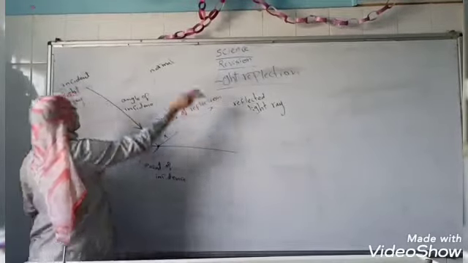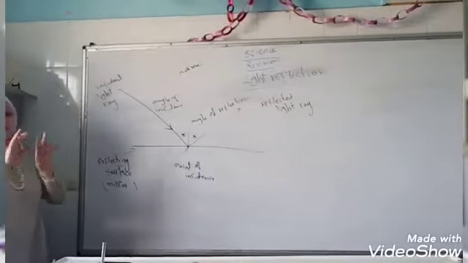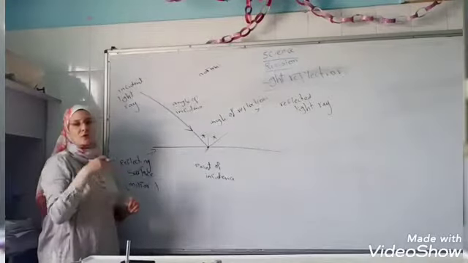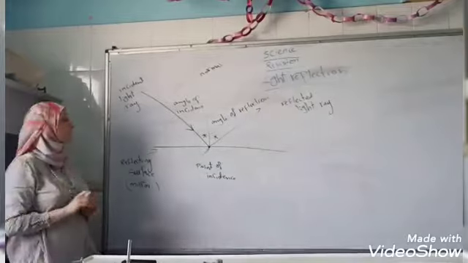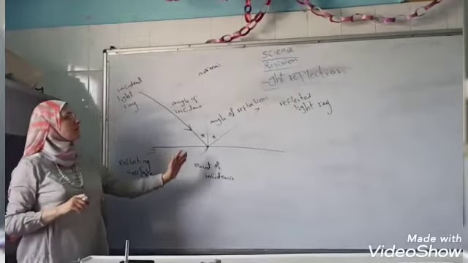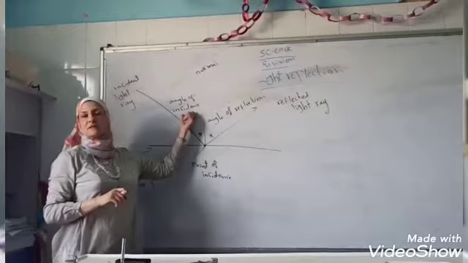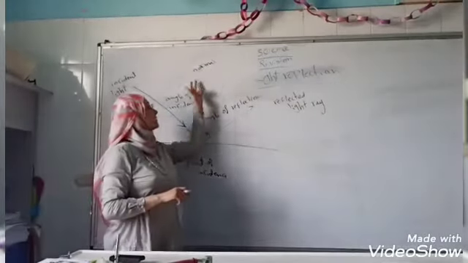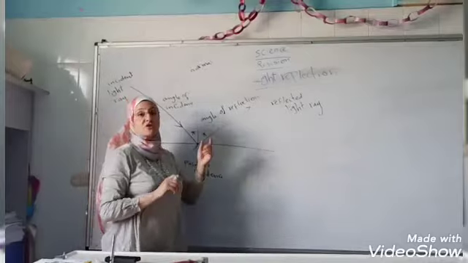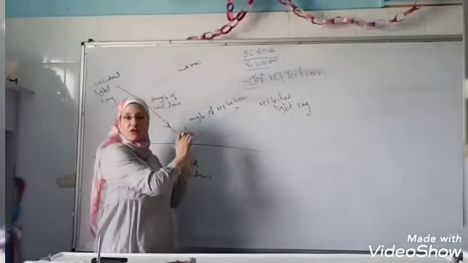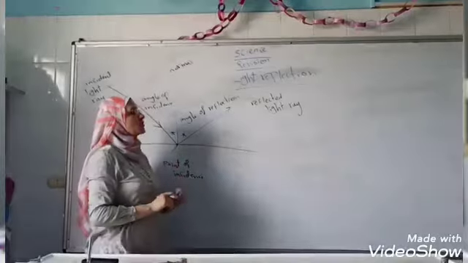The definitions of all these scientific terms are simple and easy. The angle between the incident light ray and the normal is called the angle of incidence. The angle between the reflected light ray and the normal is the angle of reflection. So you need just imagination to see what the scientific term means in this drawing.